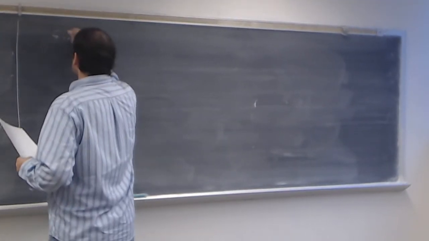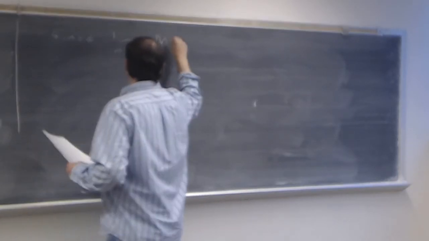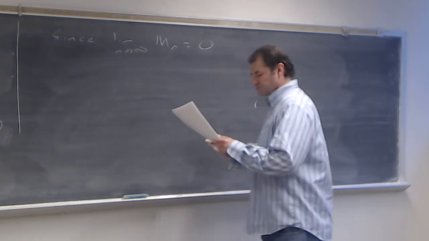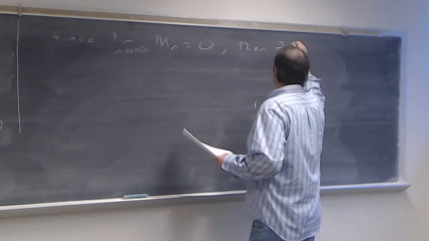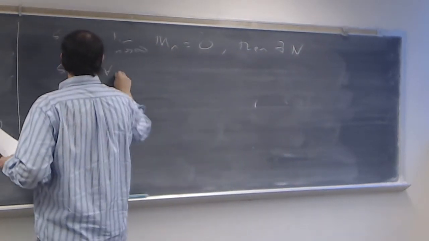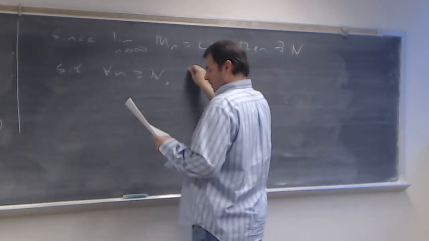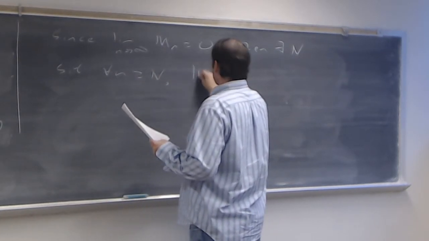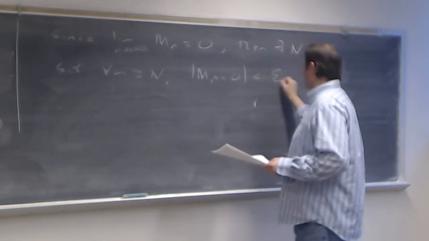Now, since the limit as n goes to infinity of m sub n equals 0, which is what we're assuming, then there exists a natural number big N such that for all n bigger than or equal to big N, the absolute value of m sub n minus 0 will be less than epsilon.